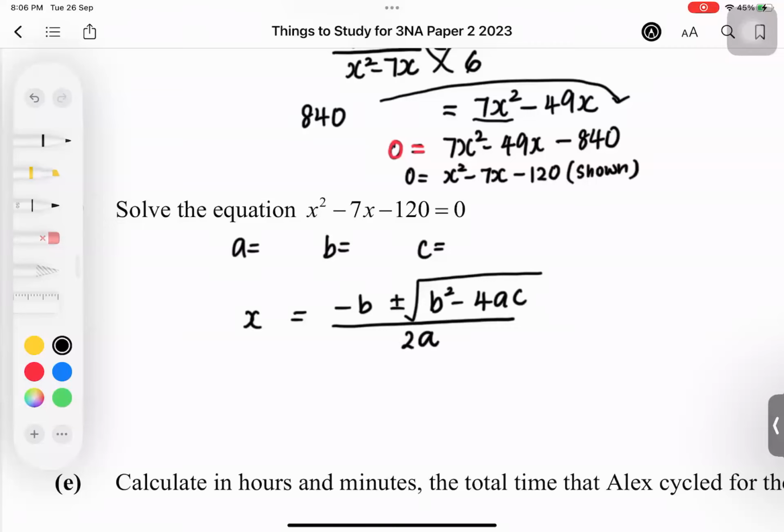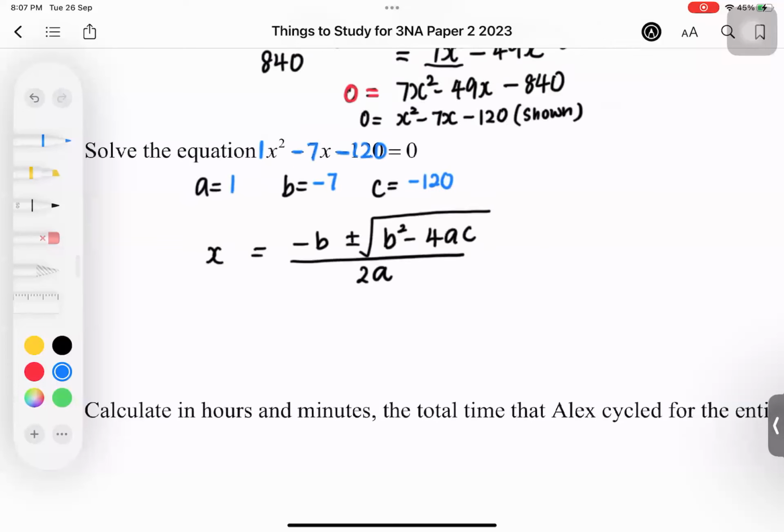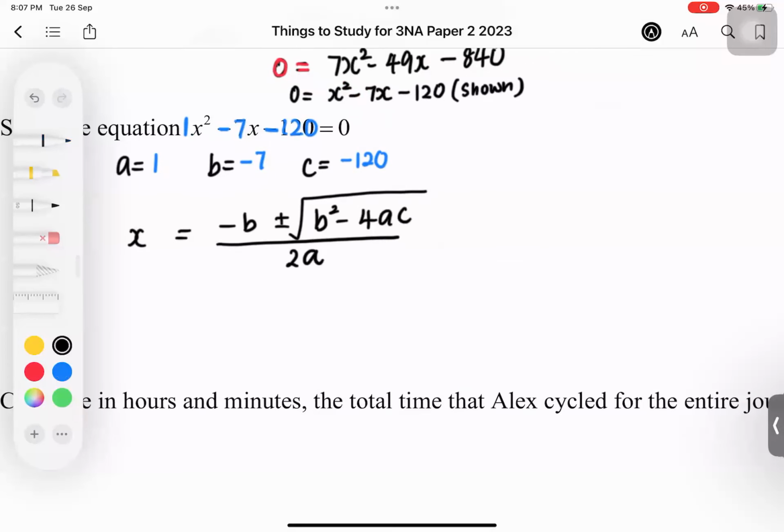Writing this is not sufficient. You have to show working. What is the number for a? 1. What's the number for b? -7. What's the number for c? -120. Okay, but writing this formula is not enough. We have to show that we plug in the numbers.